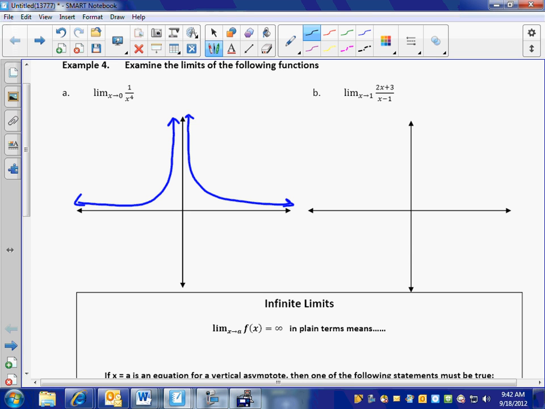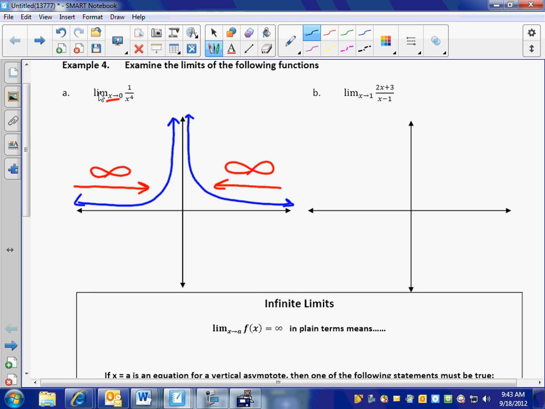If I'm approaching 0 from this side, what does the function value approach? Positive infinity. And if I approach from this side? Positive infinity. The key learning from yesterday is that if the right-hand side limit is equal to the left-hand side limit, then you could say that the limit exists.